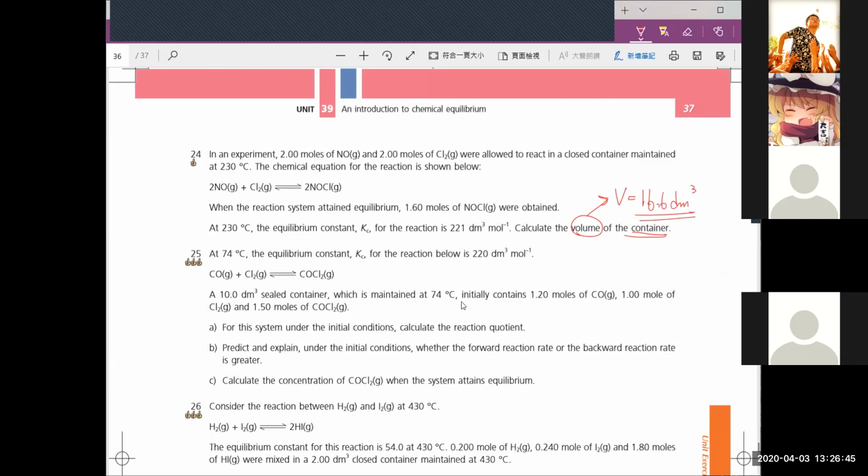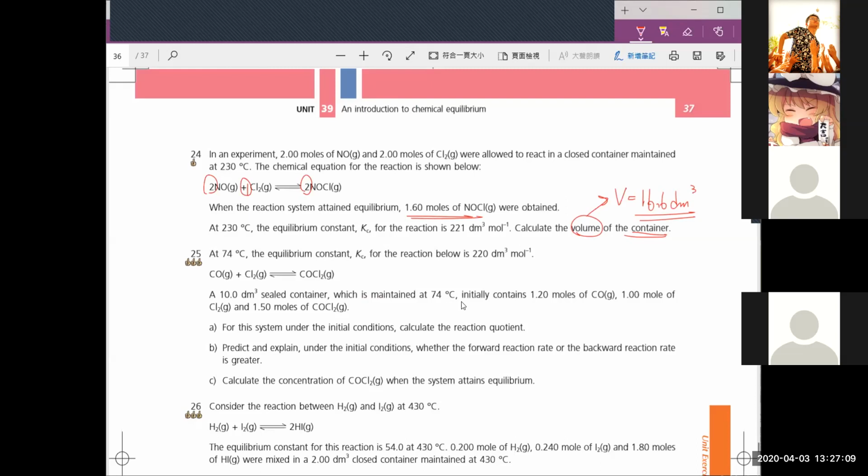Okay, so you are going to do the same thing. Very similar. Because this is 2 mole, and this one is just 1 mole. So this part helps you calculate the equilibrium concentration of NOCl.